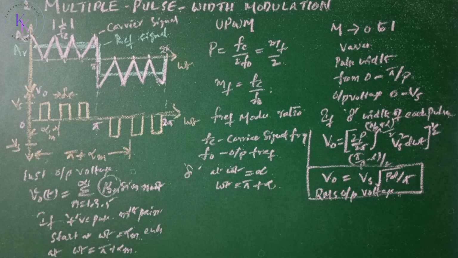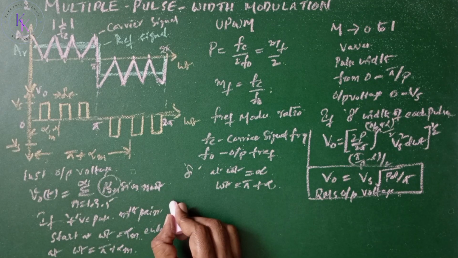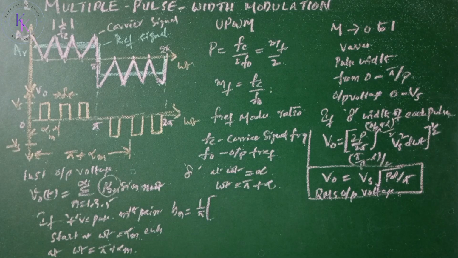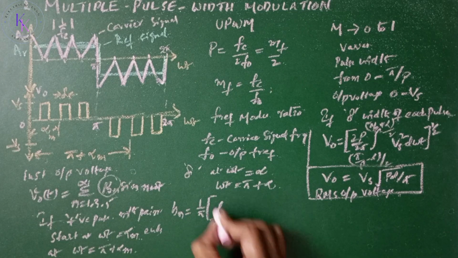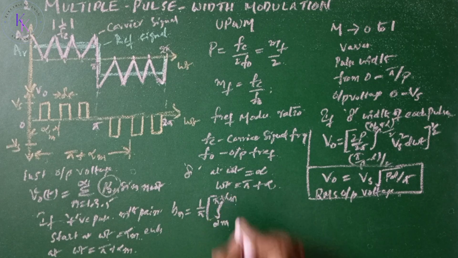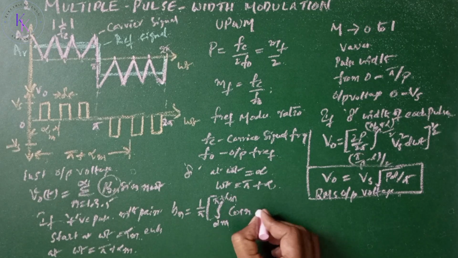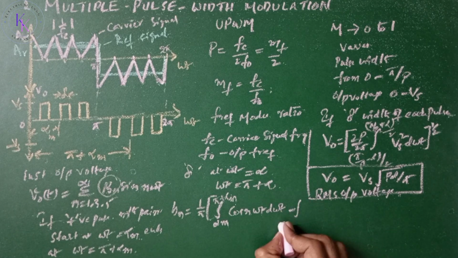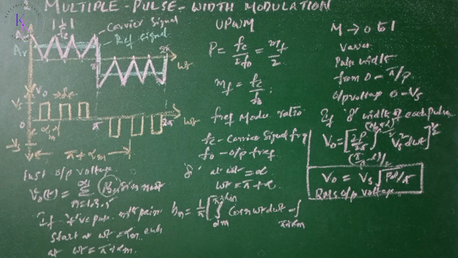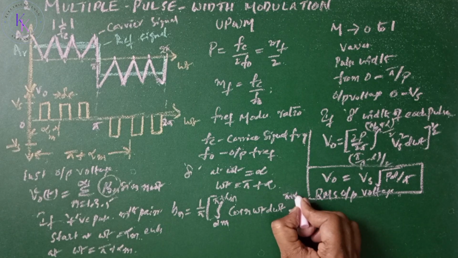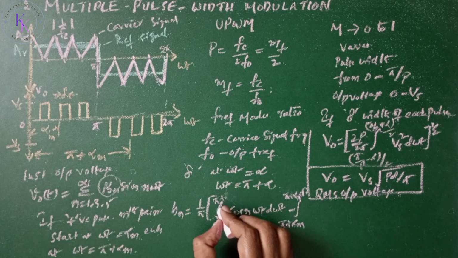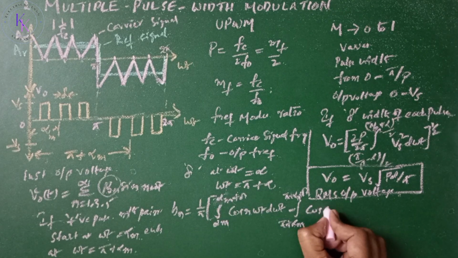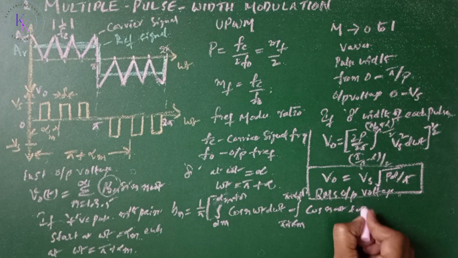Now, the Fourier coefficient for the pair of pulses Bn equals 1 by pi times the integral from alpha m to alpha m plus delta of cos n omega t d omega t minus the integral from pi plus alpha m to pi plus alpha m plus delta of cos n omega t d omega t.